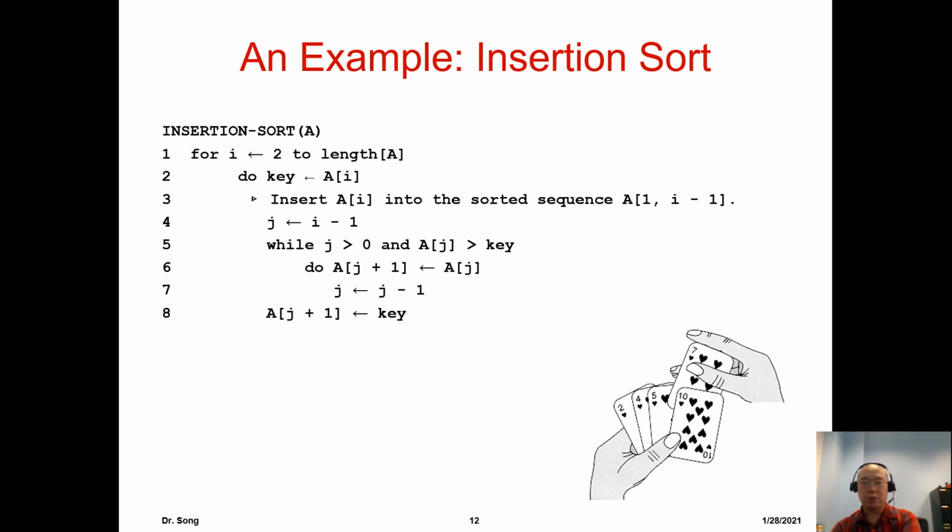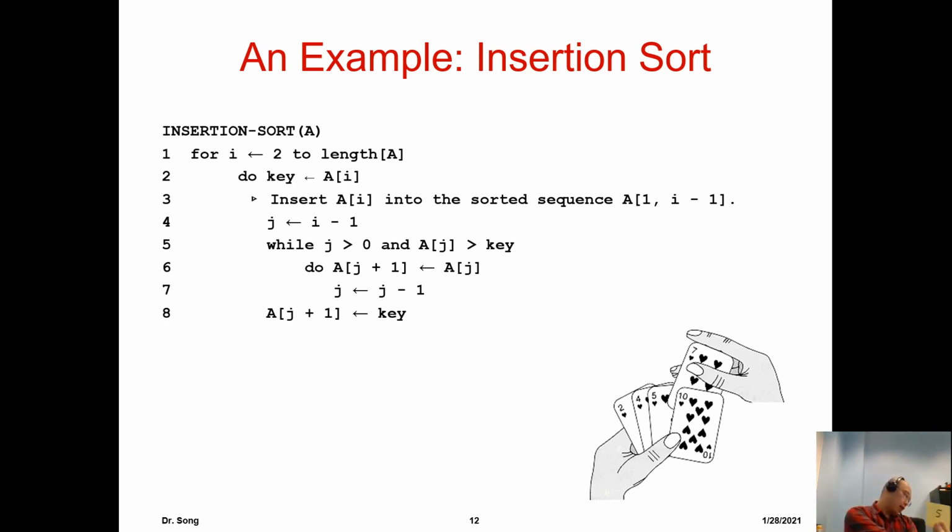And for the insertion sort, the concept is really easy. If you are drawing cards from a deck and putting the cards into your hands, how do you do the sorting? Say I draw the first value, which is 5. This is the only card I have, so I'm holding that.